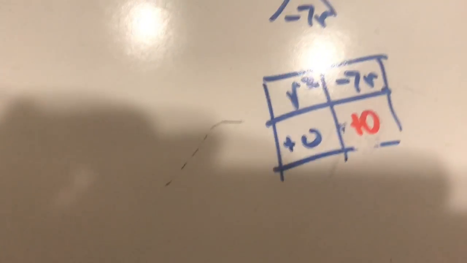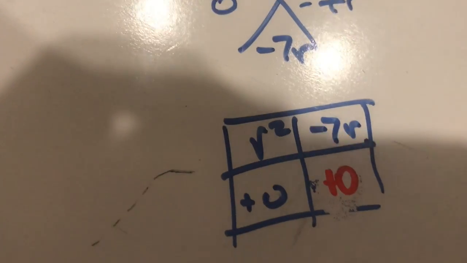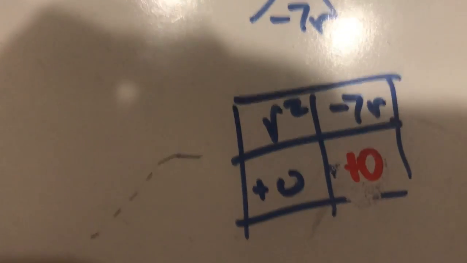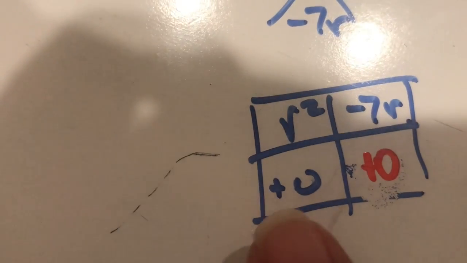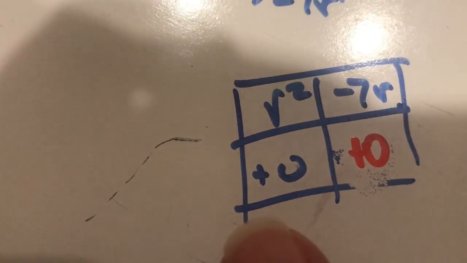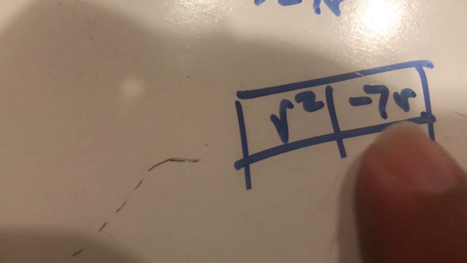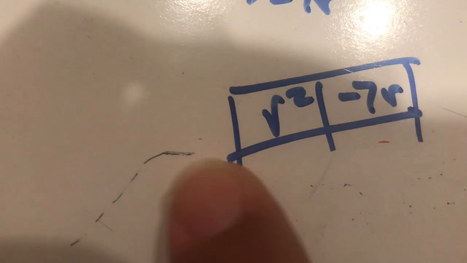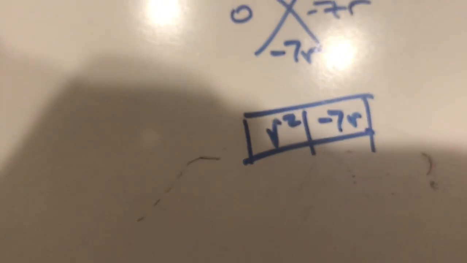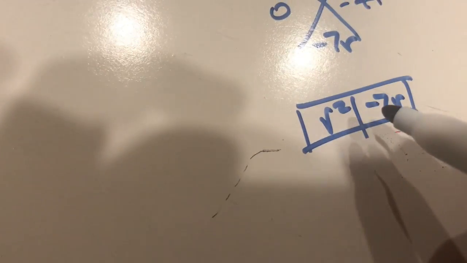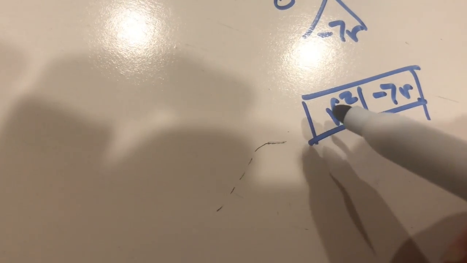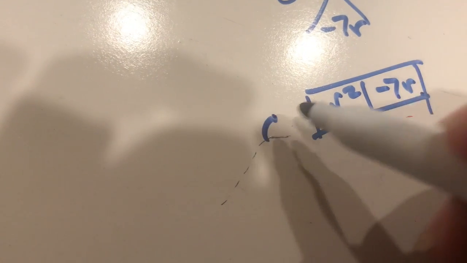And when we look at it this way, it becomes pretty obvious that this bottom row here is pretty irrelevant. So I really don't need that plus 0 plus 0. And you can look at it just like that if you wanted to. You can look at it as: what do these two have in common? They both have an r.